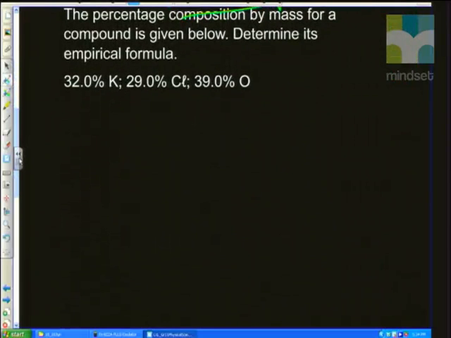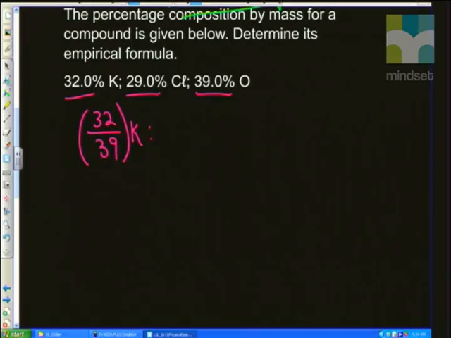Okay, now coming to this one here. It says the percentage composition by mass for a compound is given below. Determine its empirical formula. You see here you've got potassium, chlorine, and oxygen. So for potassium, it will be 32/39. All right, this is potassium.